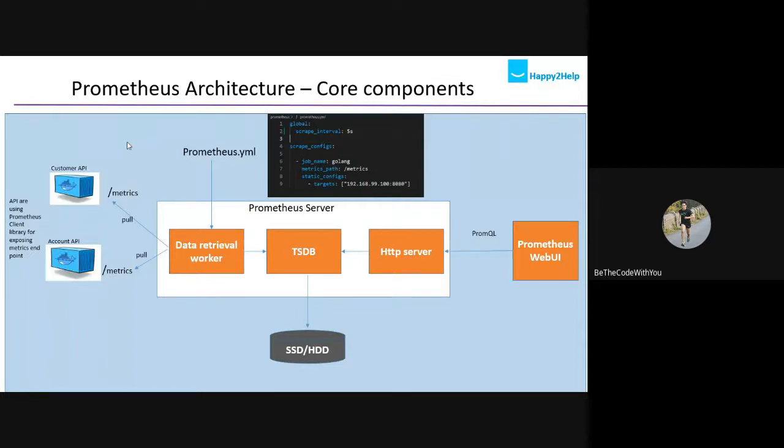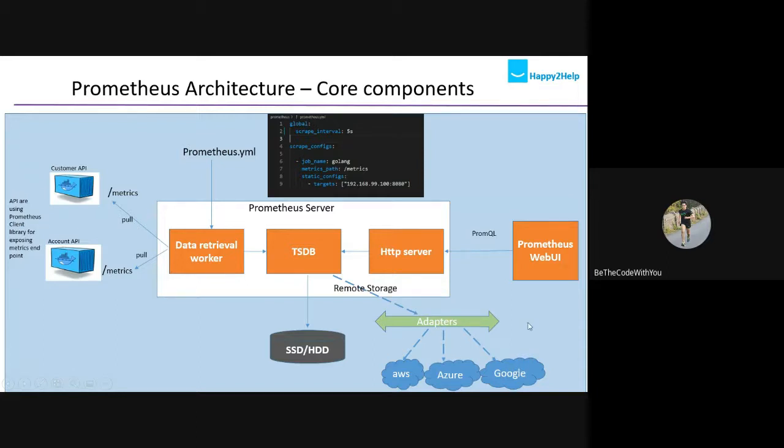And then obviously once it builds the data, it stores it into the database. There is an HTTP server to read the data or the PromQL. So this is storing onto the hard disk, but there is also remote storage supported. So you can say that I don't want to store to the hard disk, but I want to store to the cloud.